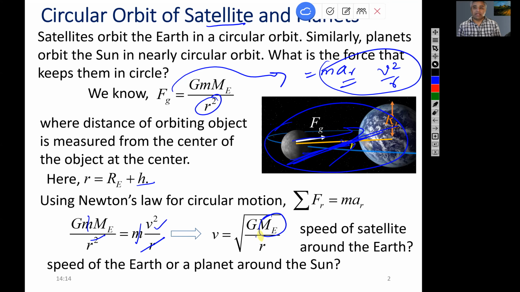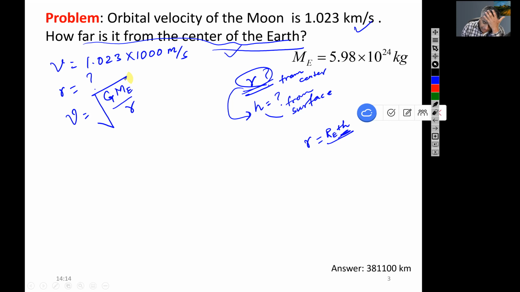So we learned that V is the square root of G times mass of the Earth over distance, GM over R. Did I get that formula right? I had that in the last slide, okay? Yeah, we've got it. That's what I've got written down, the 1.023 times 10 to the third times G over R. Right, I did the square root.